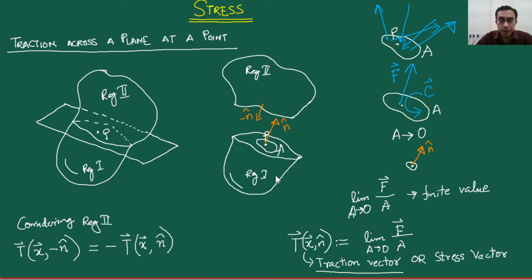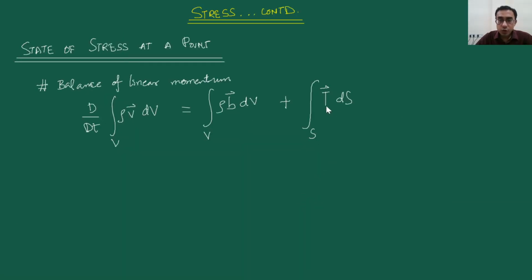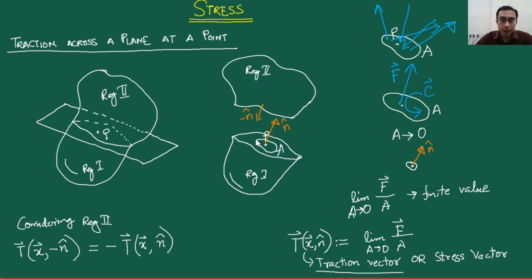What we are doing today is to consider this to be a point lying on the surface. So instead of this point P lying inside, we are just shifting this point P to the surface. There's absolutely no difference. Okay.